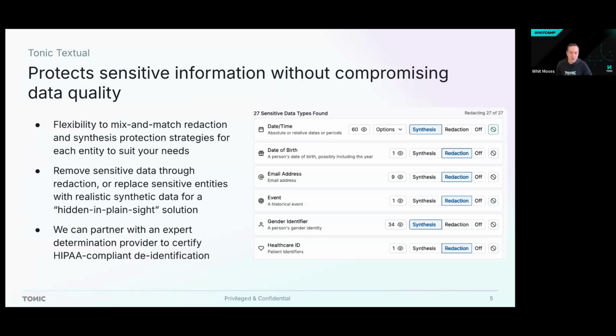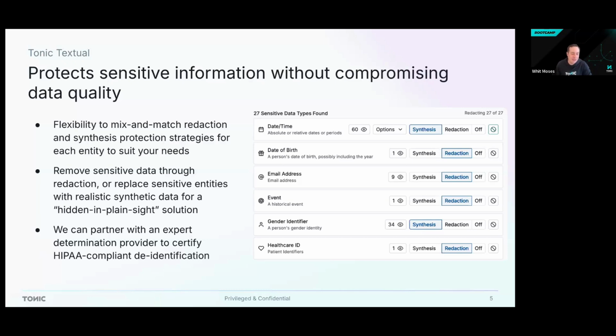Let's continue. Cool. And just to double click a bit on our synthetic approach to de-identification, one of the most important capabilities in Textual is how we protect sensitive information without degrading data quality. So you have fine-grained control over how each entity type is handled. If you want full redaction, you can apply it.